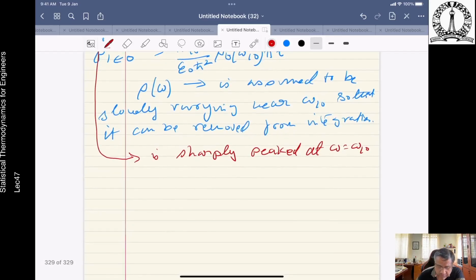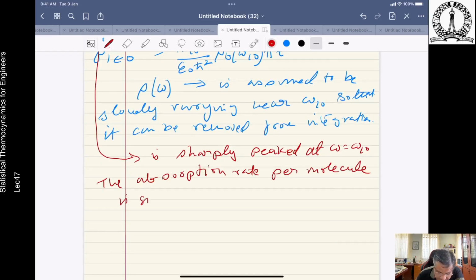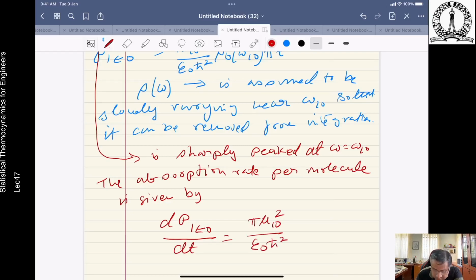Therefore the absorption rate per molecule is given by mu 10 square over h bar square, omega 0.